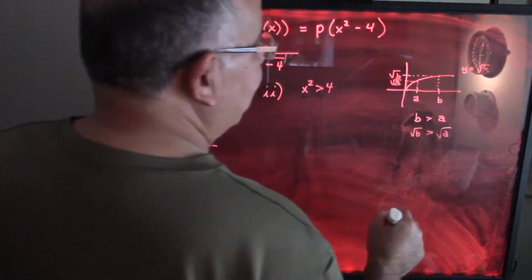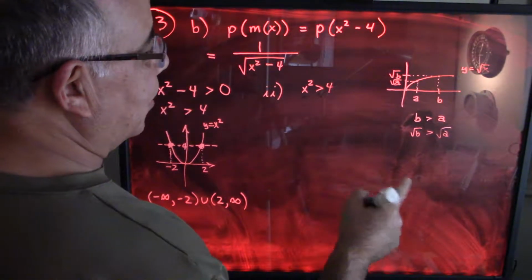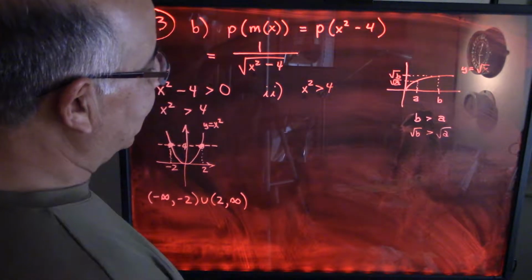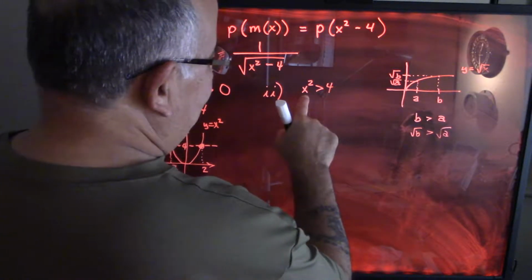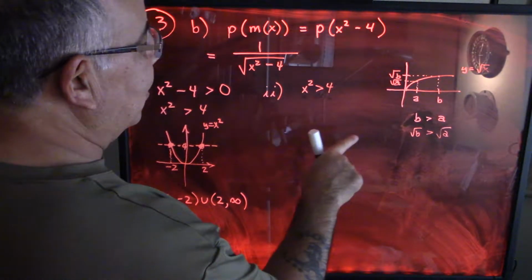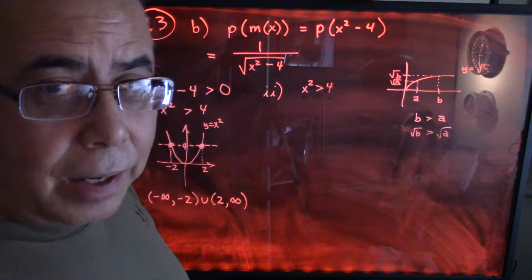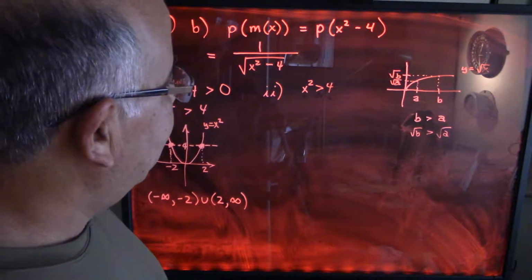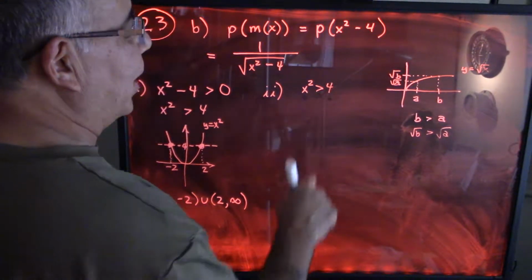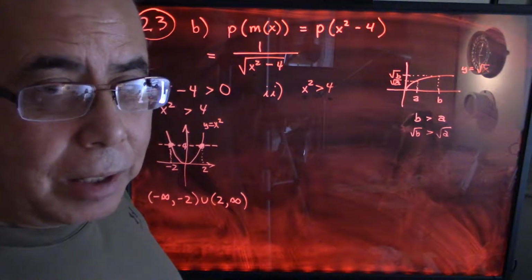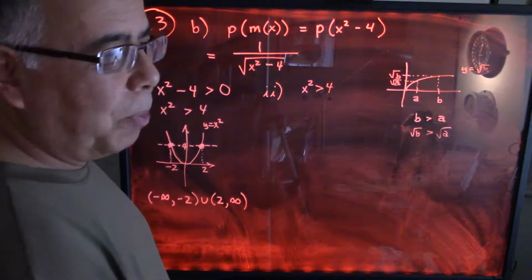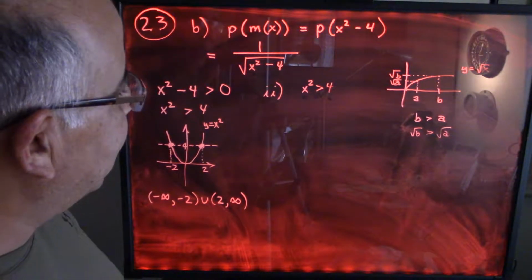I need to think about that, because when you start using functions to help you solve problems, you have to keep those in mind, especially with inequalities. So when you take the square root of both sides, I'm concerned with this inequality. Is it still going to point in the same direction? And yeah, it will. So we've done two things here. We can take the square root of both sides. It's legal. Nobody's going to arrest us for that. And the inequality will be maintained. In other words, it'll still be greater than.